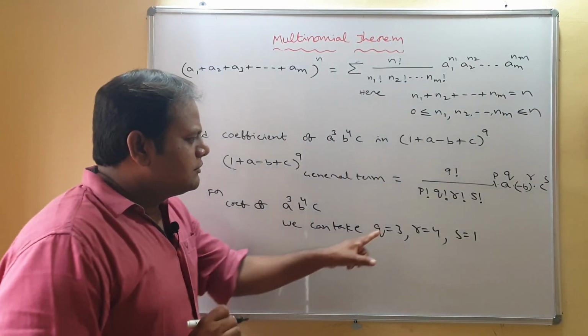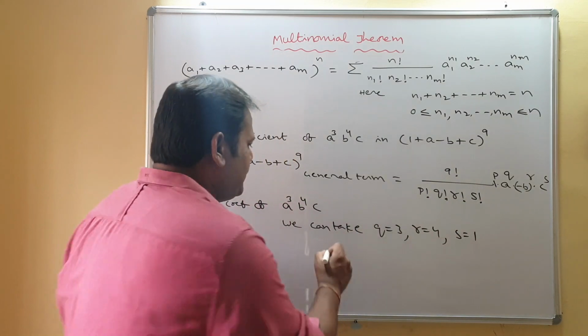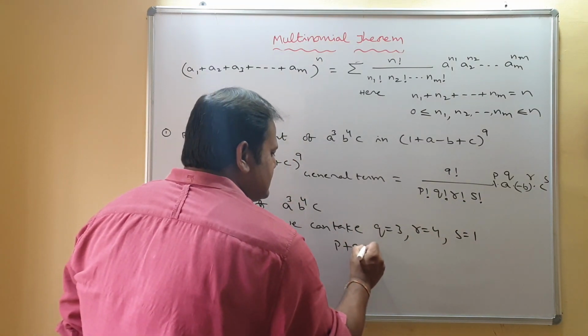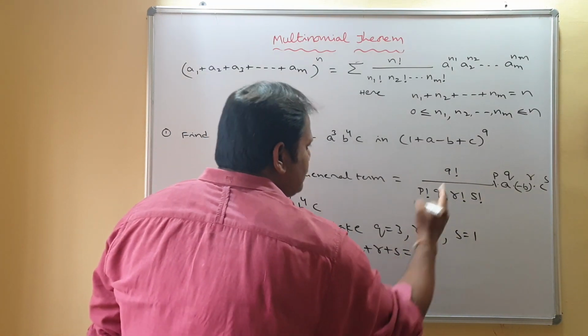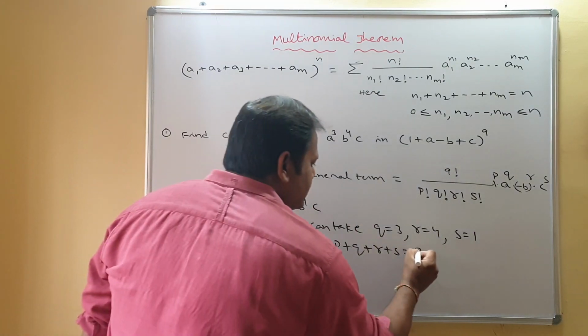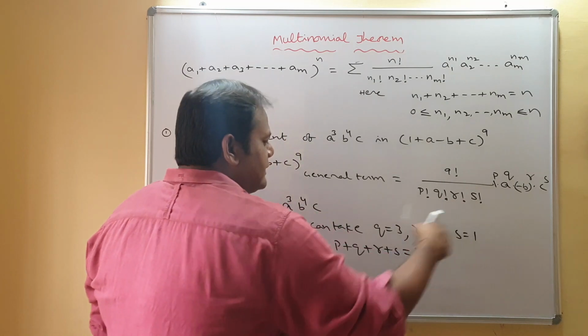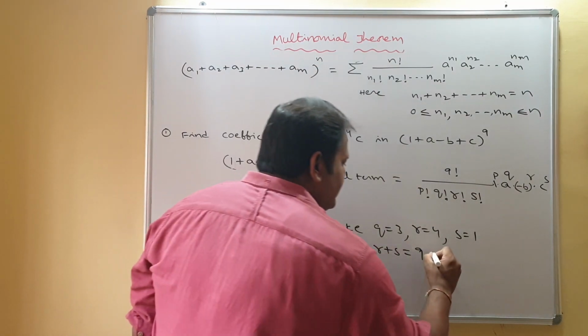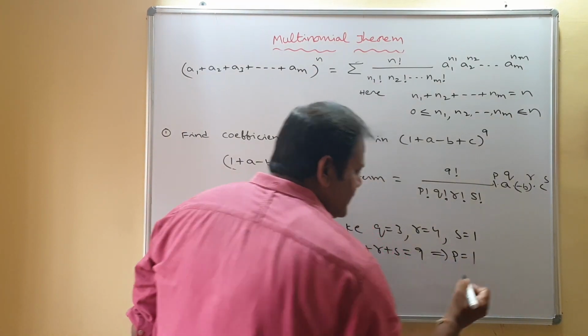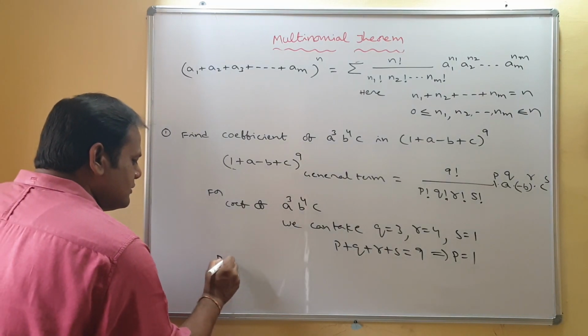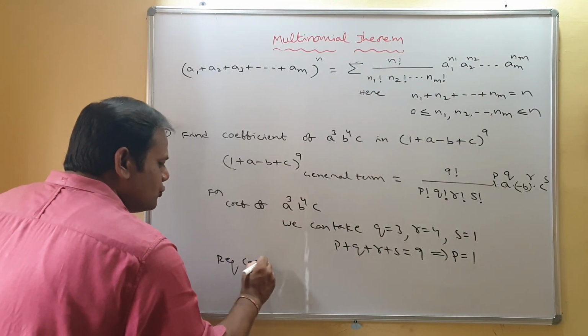Is it? We know that p plus q plus r plus s must be equal to n. What is n? 9. So here q, r, s sum to 8, right? So p must be what? 1. Is it clear?